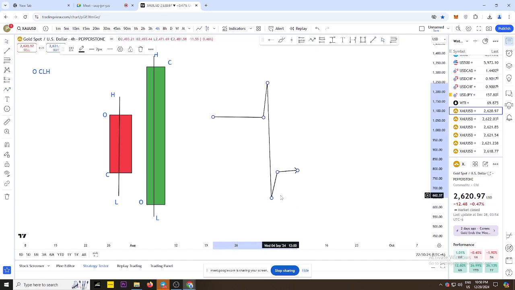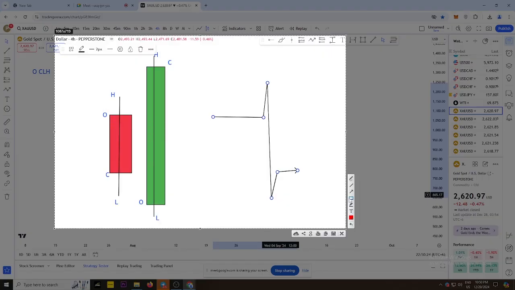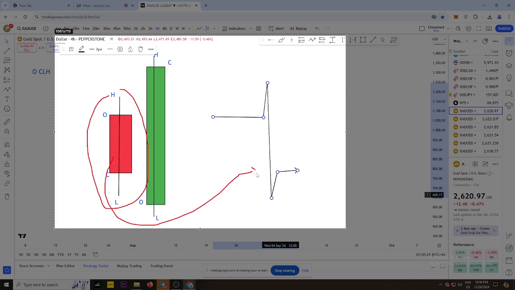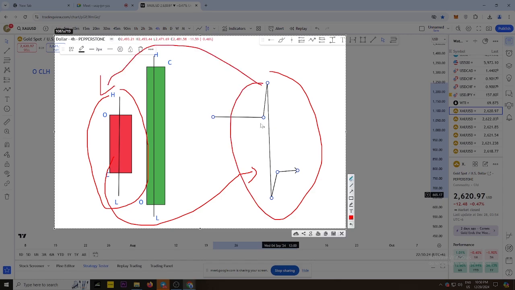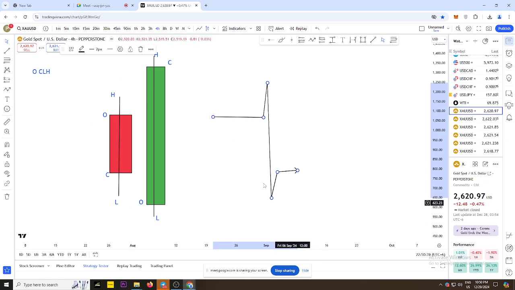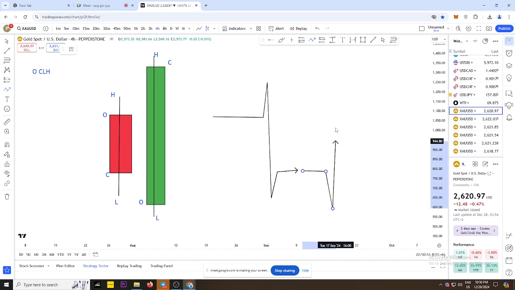This particular one is the simple skeleton of this candle. According to price, the next candle opening should be here, isn't it? Then it created a low, goes all the way to the high, comes back and closes.